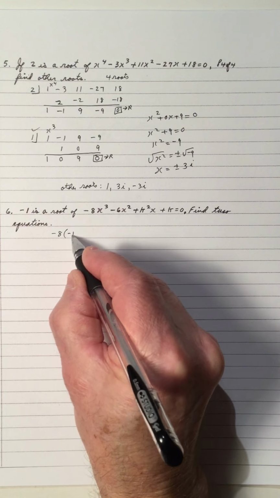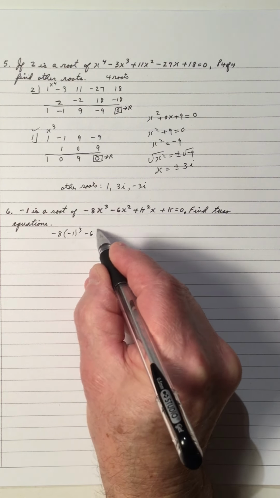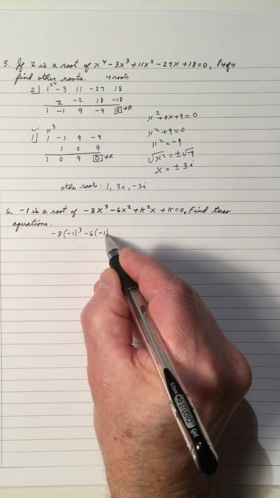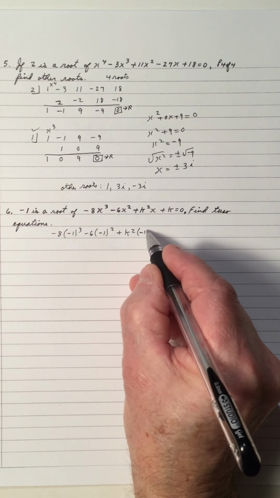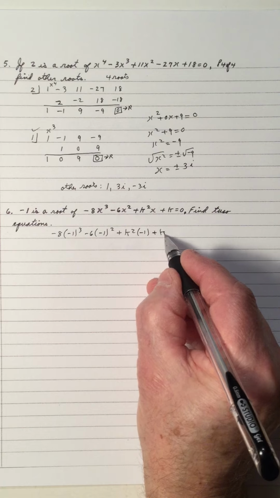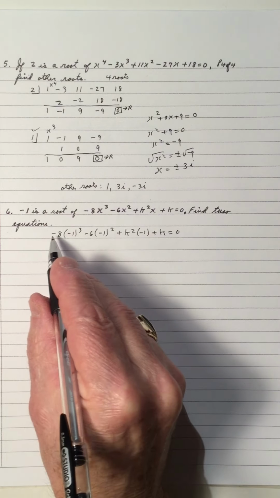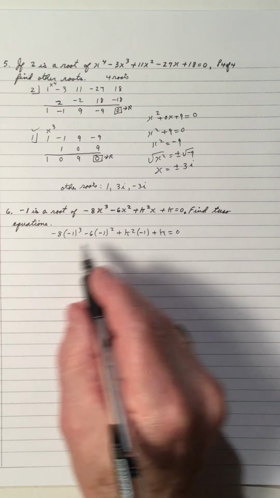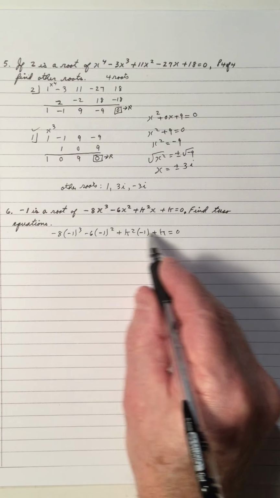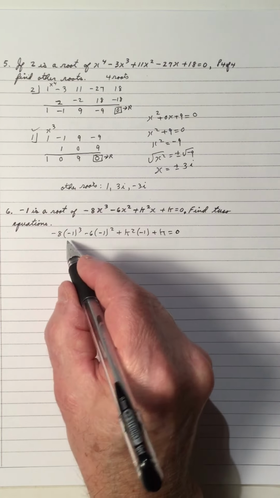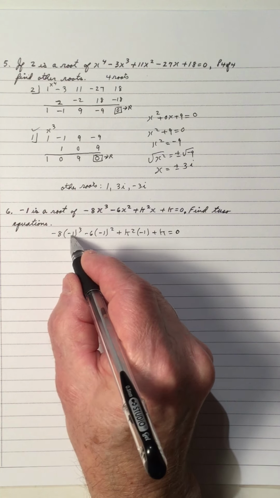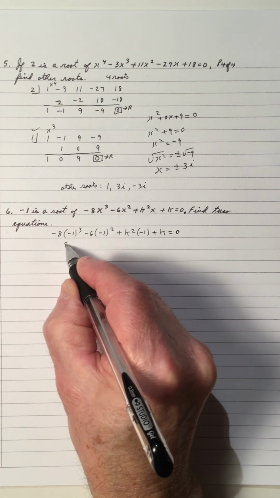When I sub the negative 1 in the place of x, I'll take my time. Subbing in the negative 1, the root, makes the remainder equal to 0. So I have negative 8, that's negative 1 cubed is negative 1, so that's an 8.